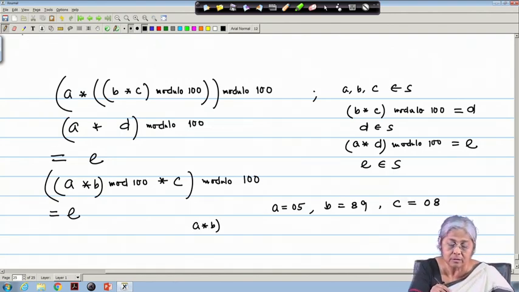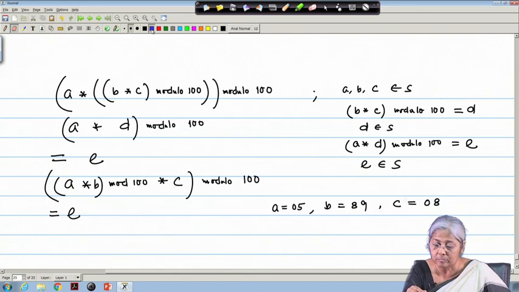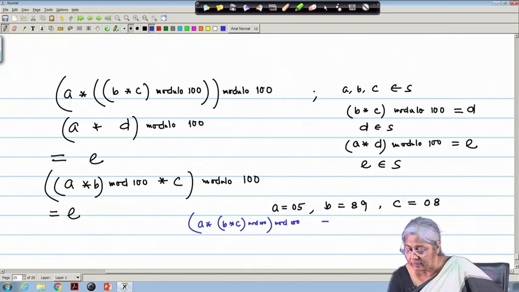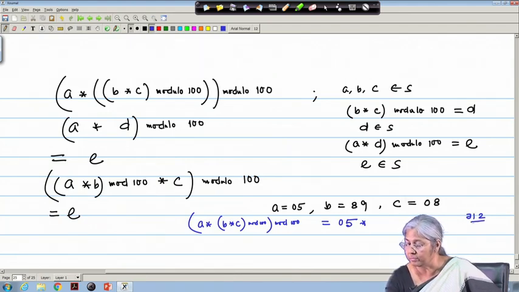If I take A star B star C, with modulo 100 always there, then I get 5, and if I multiply 8 and 89, I get only 12 because the remainder when divided by 100 will be 12.